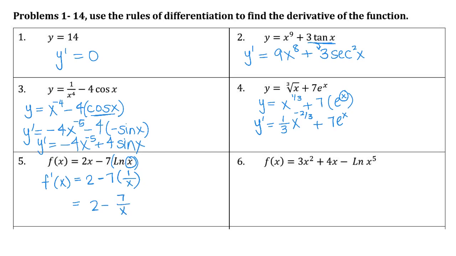I don't care if you rewrite it. Okay, so number 6, again, f prime at x is going to be equal to 6x plus 4 minus, here's the stuff, so stuff prime all over stuff. And you're welcome to leave it just like that.